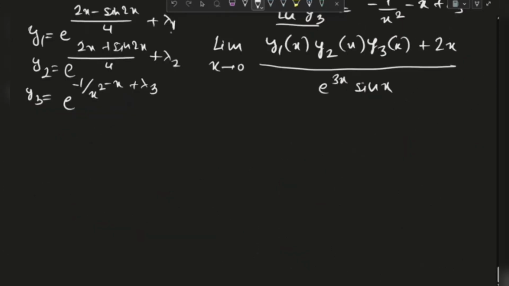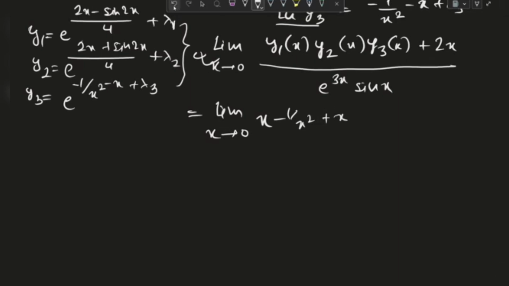Let's see. So this is basically our y1, y2 and y3, and now this is the result that we are required to find. As there are e powers multiplied, I will directly add them up. So if you add all these powers, you will notice that plus sine 2x and minus sine 2x get cancelled, and there are two x by 4s, so it's simply x and minus 1 by x square plus x.